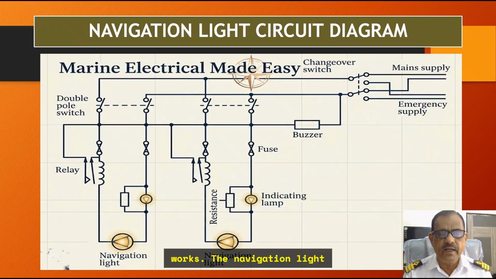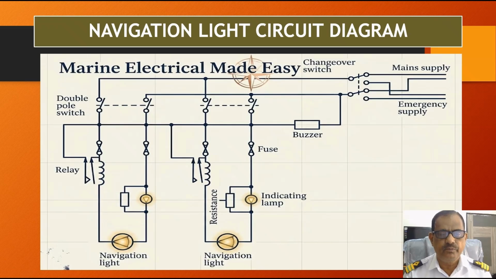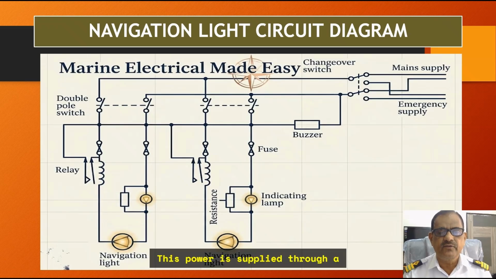The navigation light circuit receives electrical power from ship's main switchboard. This power is supplied through a navigation light control panel which contains circuit breakers, selector switches, indicator lamps and alarm circuits.